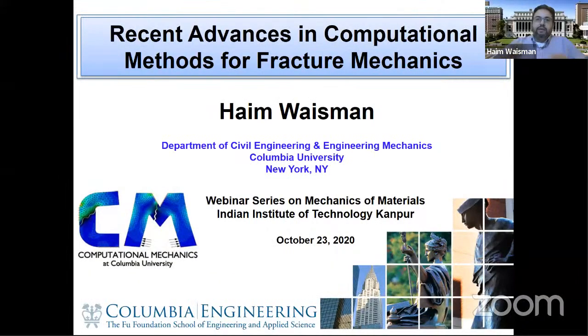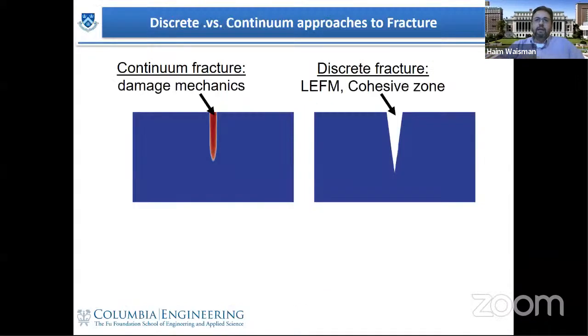Okay, so my presentation, thank you, Suparno, for the introduction. I'm going to talk about recent advances in fracture mechanics, especially things that we have done in my group. As you know, fracture mechanics can be modeled basically from two different perspectives. One can model exactly the fracture, as you see here on the right side, when we model perfectly the fracture and the discontinuities.